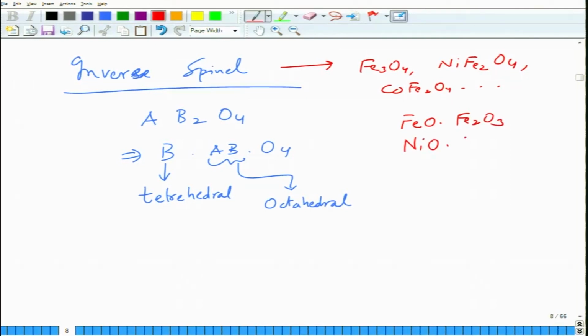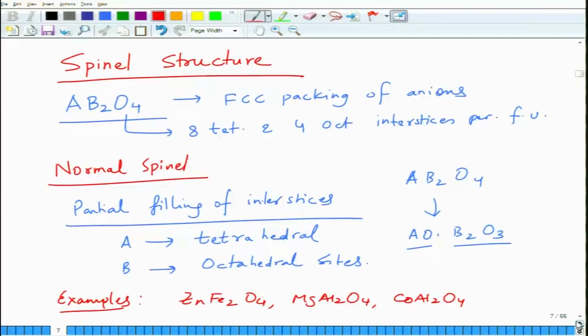NiFe2O4 can be written as NiO dot Fe2O3, and so on and so forth. Similarly here you can write this as MgO dot Al2O3, CoO dot Al2O3, and so on and so forth. So we will stop here and then we will get back to the structure of a spinel in the next lecture.